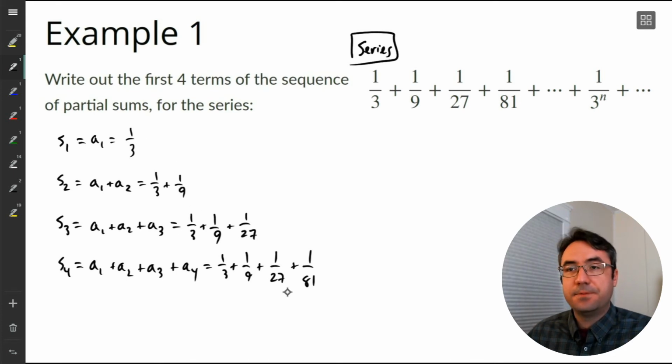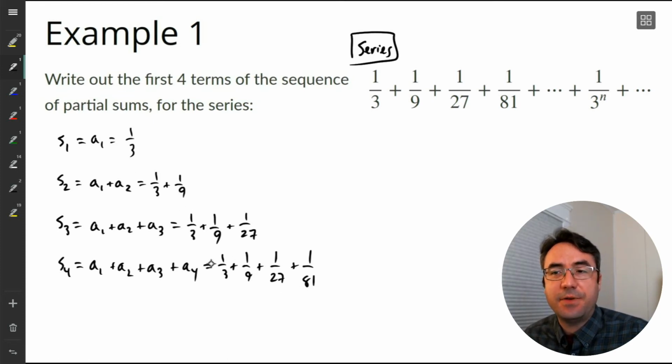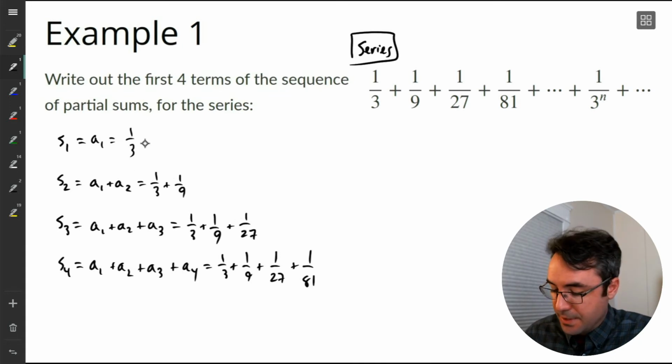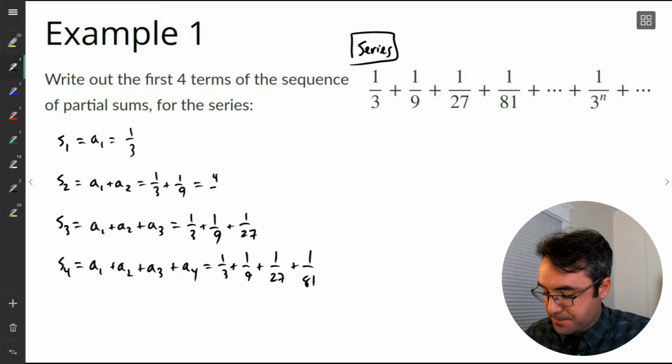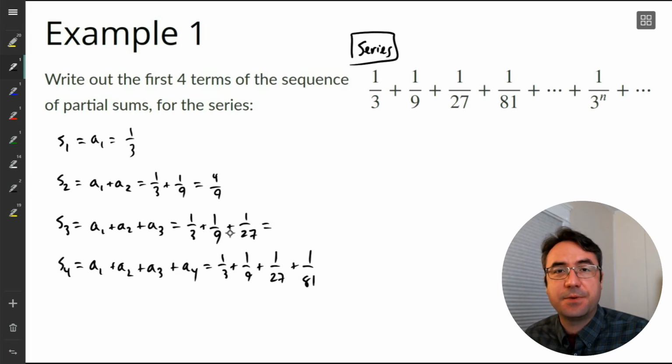If we wanted to, we have all these written out. We could add these fractions together, consolidate them into one nice little fraction. So the first one is 1/3. What do we get if we add these two together? We get 4 over 9. What do we get if we get a common denominator and add these 3 together?